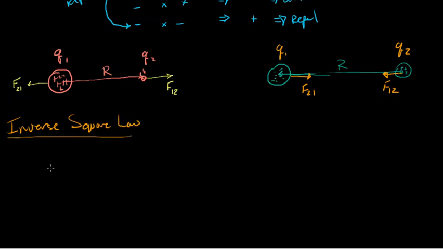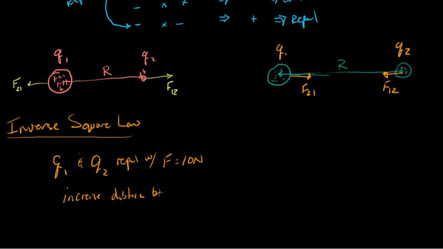So if you have two charges, Q1 and Q2, and they're repelling each other with a force of 10 newtons, and then you increase the distance, let's say these are 0.5 meters apart.